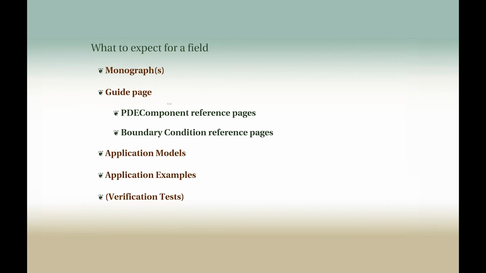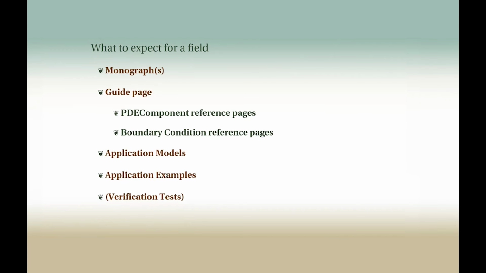Then there's going to be a guide page. That guide page usually has some PDE component reference page, like the heat transfer PDE component reference page. And there's going to be links to boundary conditions on the boundary condition reference pages. Then we have application models and application examples. Application examples are typically what you'd find in a reference page.